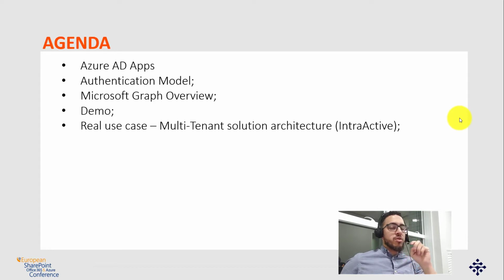Also a Microsoft Graph overview. If you don't know Graph, I will show you a little bit. If you already know, we'll just discuss a little bit more which scenarios you can use that. This is a really powerful tool, so it's good for us to know how to use it the best way.